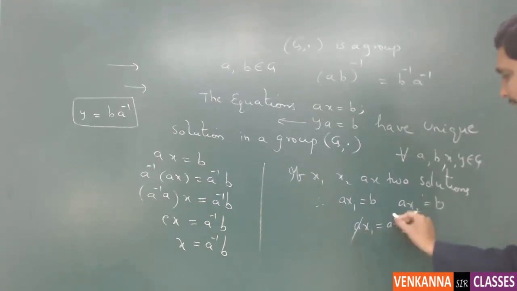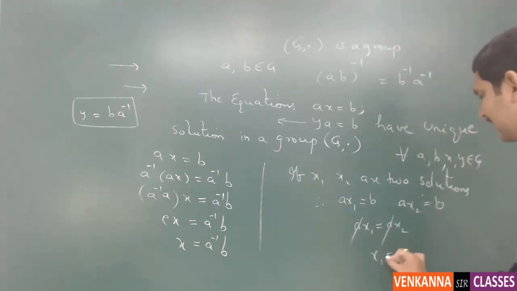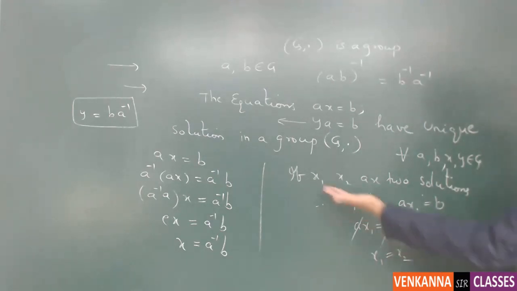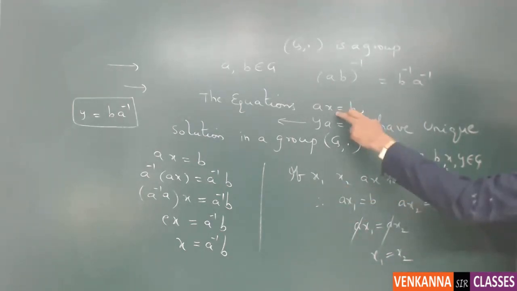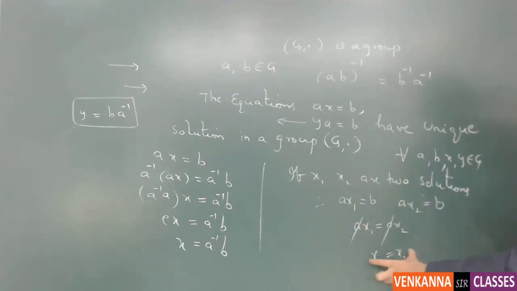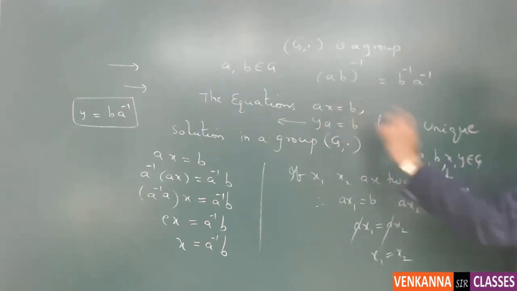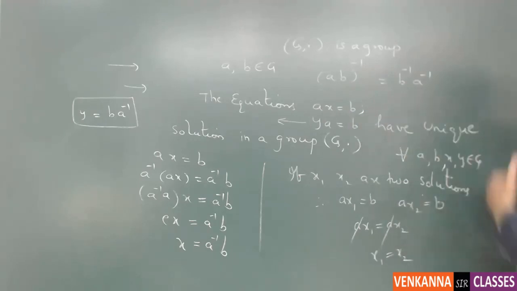By applying the cancellation law, x1 is equal to x2. So whenever you say there are two solutions for an equation, they become equal, so the solution is always unique.